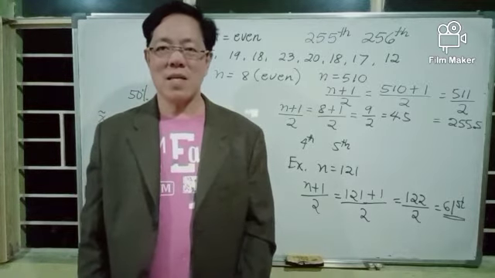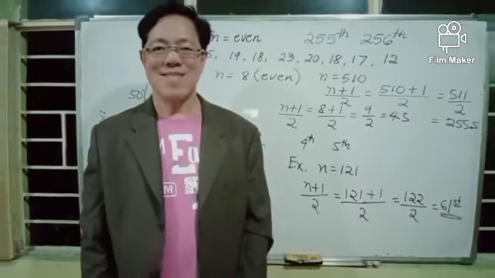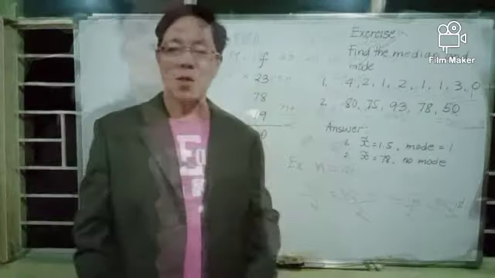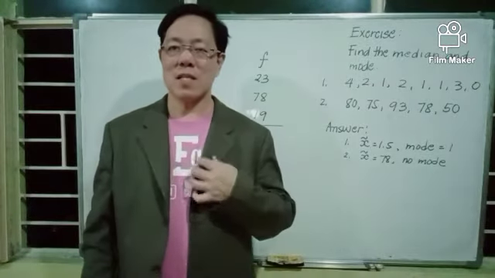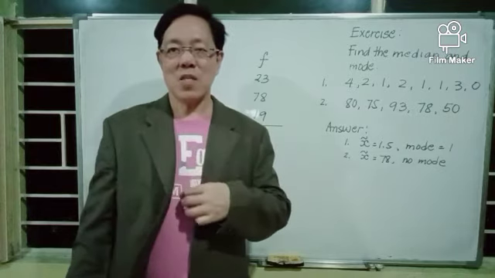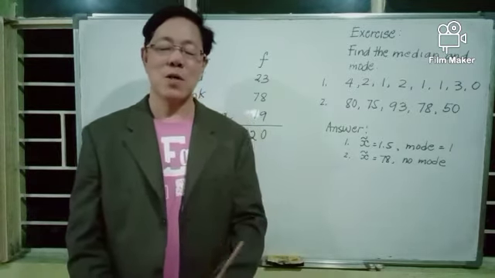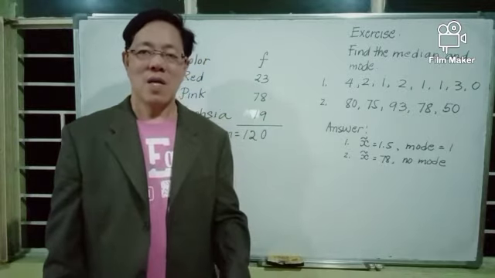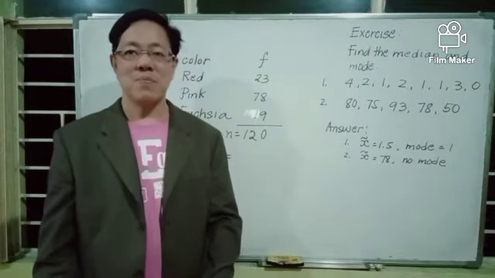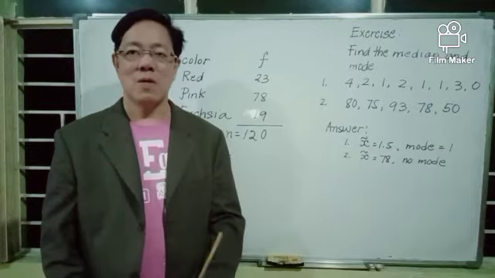Next, we will take the mode. The third and last measure of central tendency is the mode. The advantage of the mode is that it may be found without calculation or computation. By inspection of the given set of data, the mode can be found.